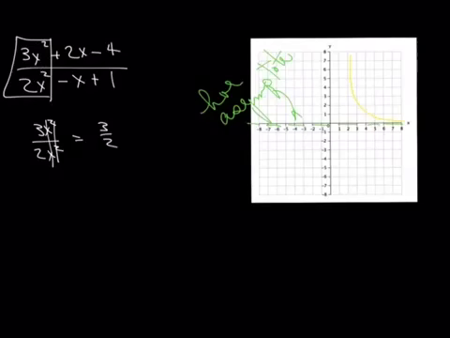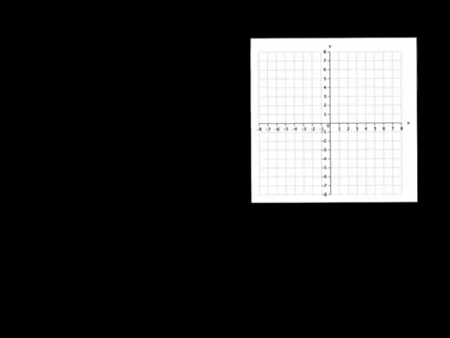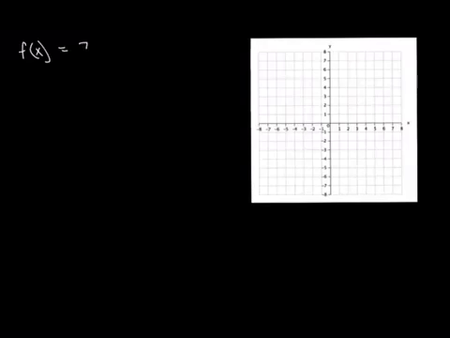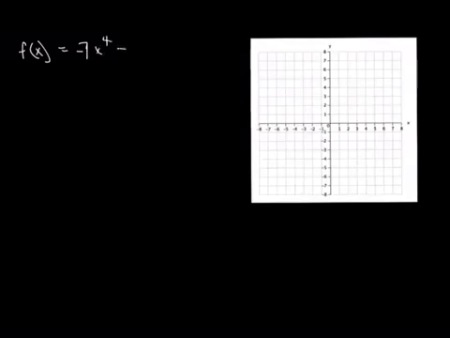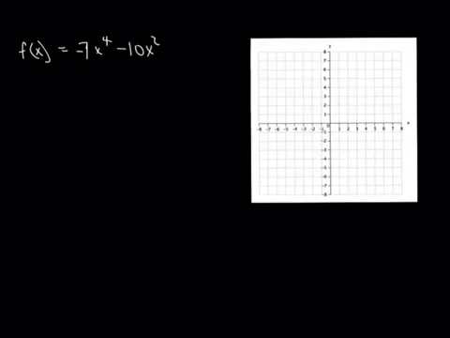Now when the degrees are different, we'll get into that in a minute, but let's look at example 4 and see what's going on here. We have f of x equals negative 7x to the 4th minus 10x squared plus 1 over 11x to the 4th plus x minus 2.